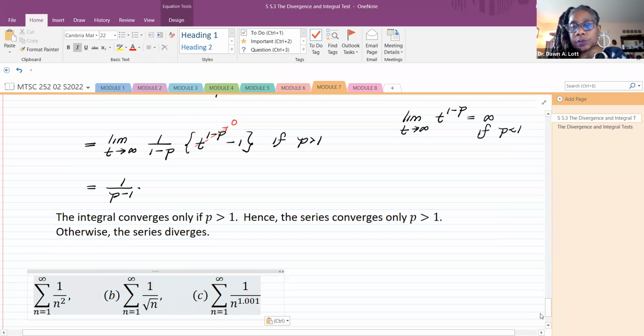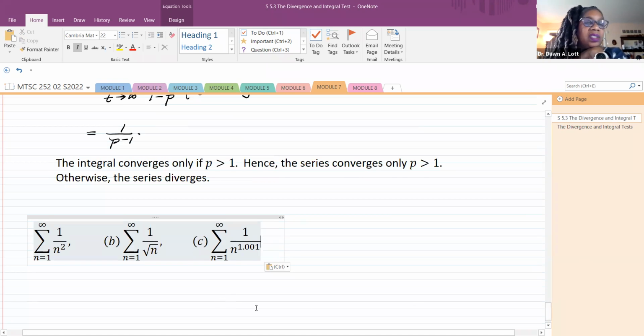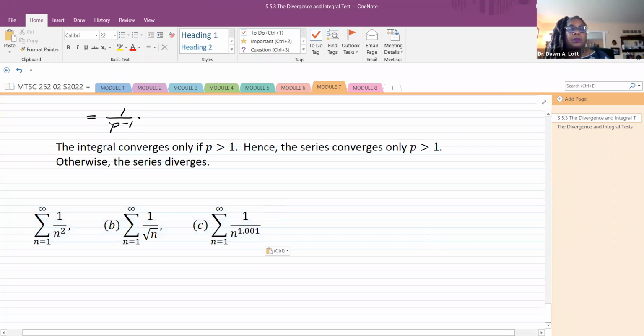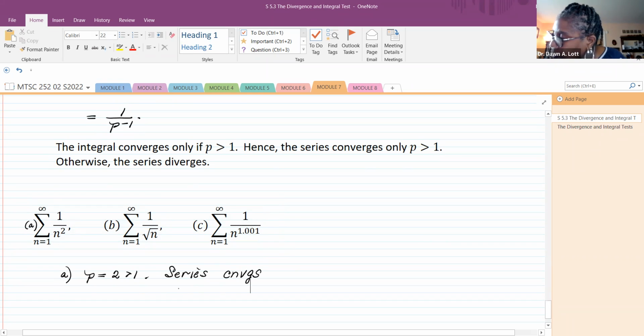All right, here we go. This is the easiest test of them all. In A, p is equal to 2, which is greater than 1, so the series converges. In B, p is equal to, y'all said, a half.